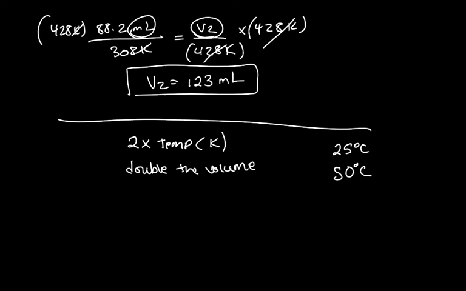But if I had said you double the temperature from, let's say, 25 degrees Celsius to 50 degrees Celsius, are you going to double the volume? Absolutely not, because you have to convert this into Kelvin first, and then you can only base this on the Kelvin relation. So then you'd have to convert this to Kelvin and convert this to Kelvin and then see the relationship between the two. You cannot say that volume doubles if the temperature doubles in degrees Celsius.